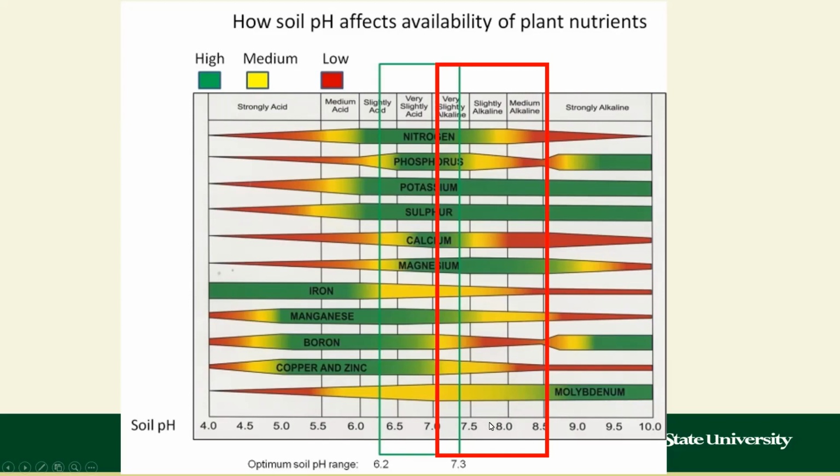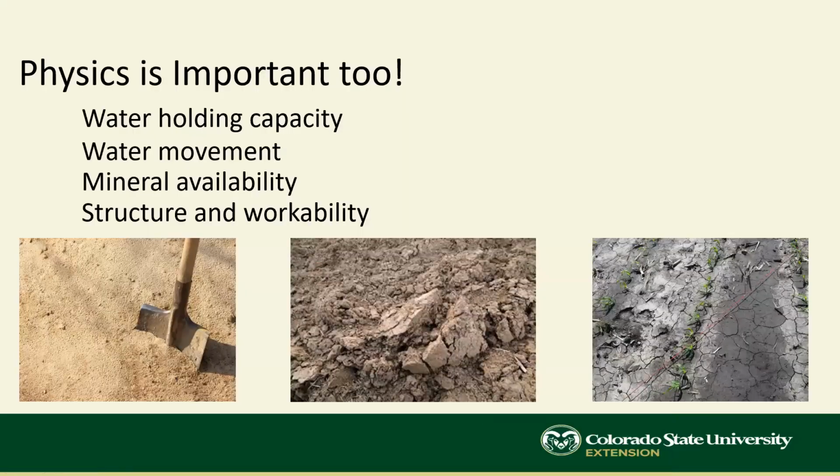But the big thing is pH is one of those things that you can't really change in your soil, and just kind of know that. If you have an acidic soil, I'll just go back, it's a lot easier to bring it up than it is having a basic soil like most of us have and bring it down.